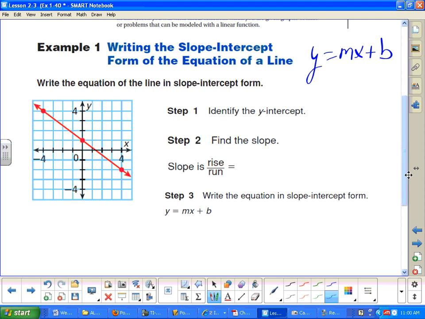Okay. So when we look at this graph, first of all, Nathan, where's the y-intercept? 1. Okay. So the y-intercept here, b, is equal to 1. When we write our equation, we'll put 1 in for b. Now to do the slope, I want to find 2 points that I can easily work with.